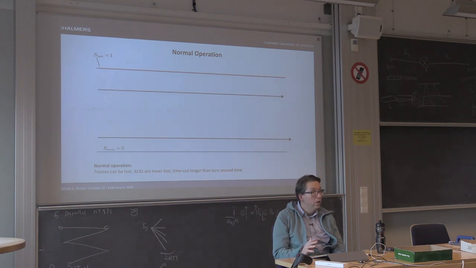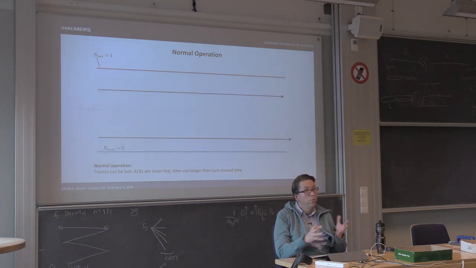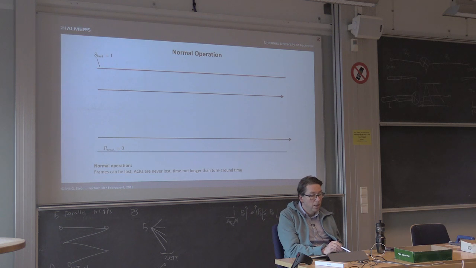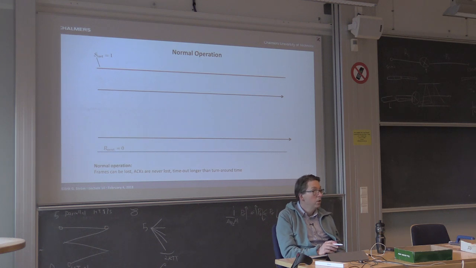So we need to initiate the start state. Before even transmitting the first frame, we need to agree upon a common start state. That is, what is the value of S last, and what is the value of R next. We just need to do that in one consistent way. And one consistent way is to say that the receiver expects to see frame 0. Okay?